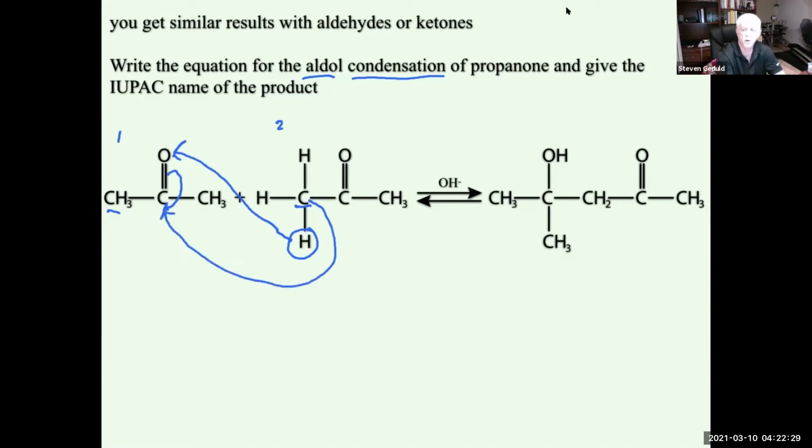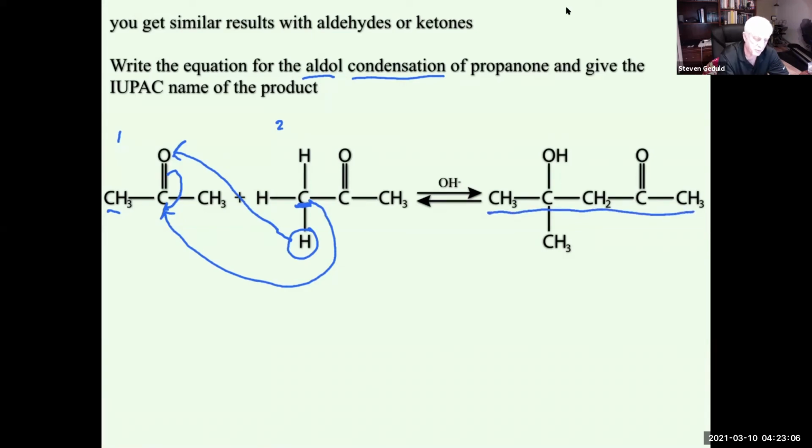That's it. That's the whole mechanism. You just got to write it out. The alpha carbon of number 2 loses a hydrogen to the oxygen of the carbonyl group of number 1. Then that carbon, now missing that hydrogen, connects to the carbon where the double bond was to form a new bond. That's the whole mechanism.